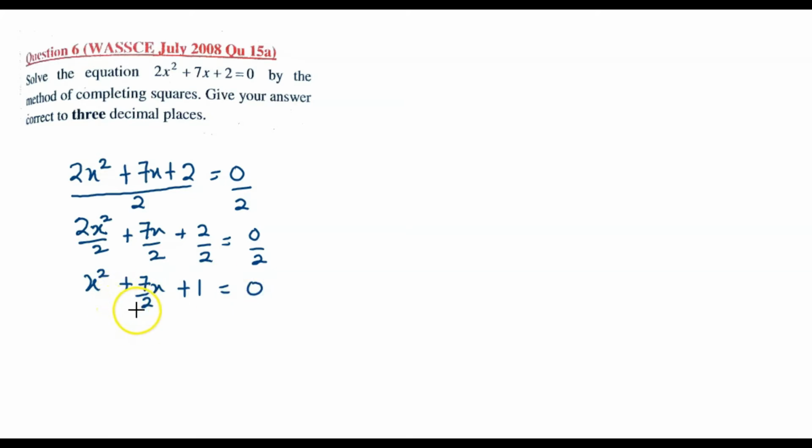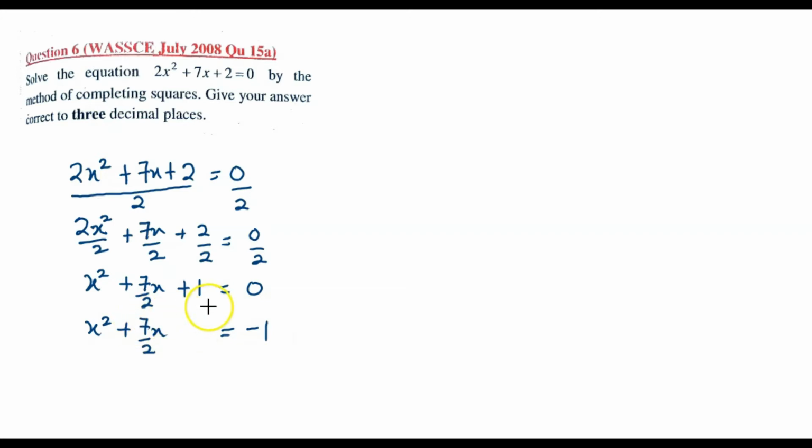Then you separate the constant from the variables. Therefore, we transpose the plus 1 to the right hand side of the equation. That gives us x squared plus 7 on 2x equal to negative 1, because 0 minus 1 is equal to negative 1.